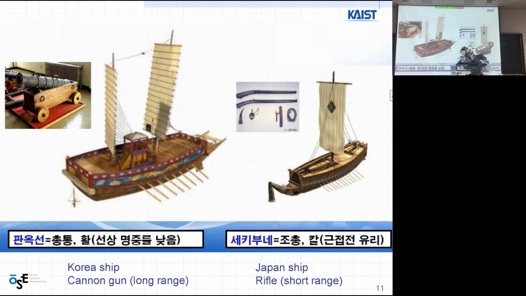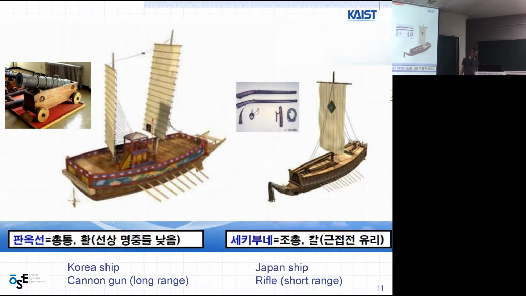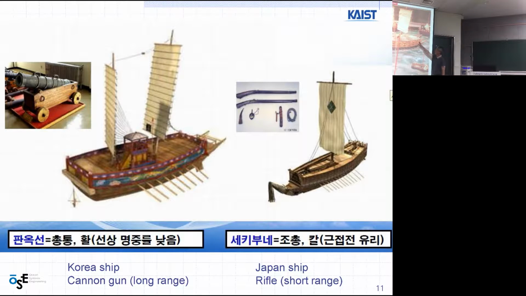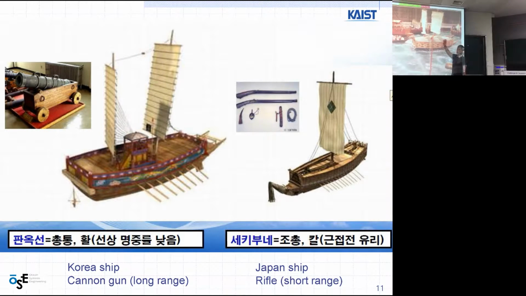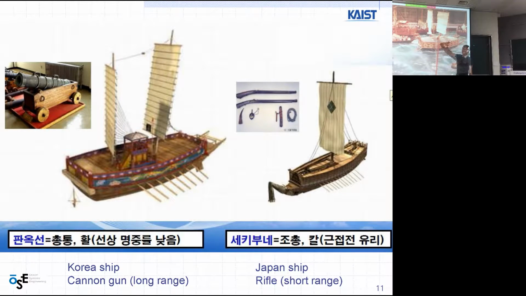So you may expect that this turtle ship, the baseline is the ordinary vessel, but they make another technology for covering, to try to protect from the Japan warriors coming into the ship. Right?